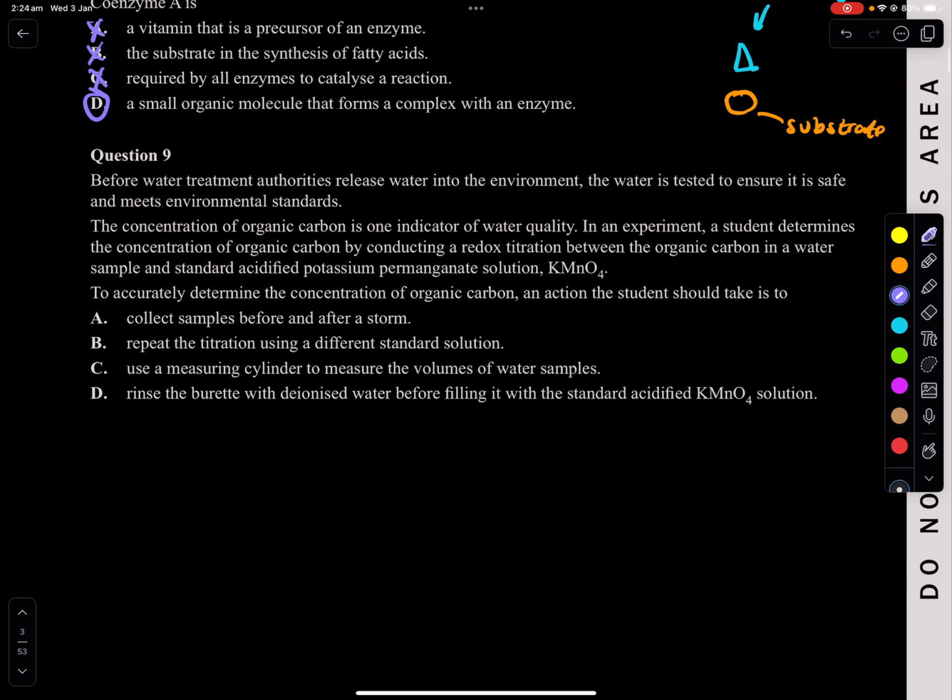Question 9. Before water treatment authorities release water into the environment, the water is tested to ensure it is safe and meets environmental standards. The concentration of organic carbon is one indicator of water quality.